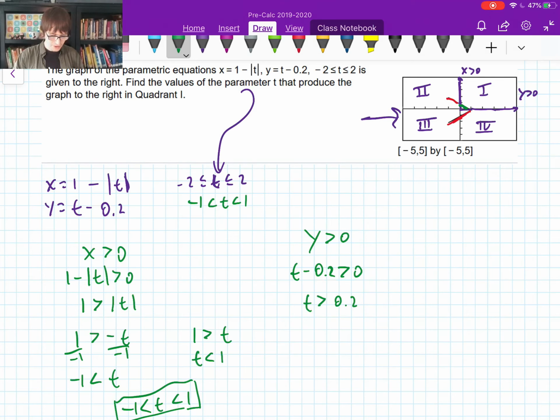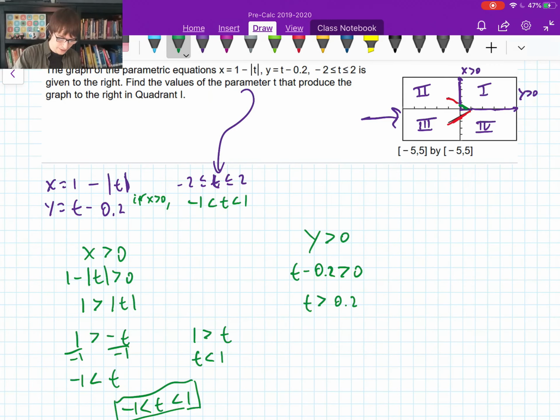So what we found out is that if x is greater than 0, then -1 is less than t is less than 1.